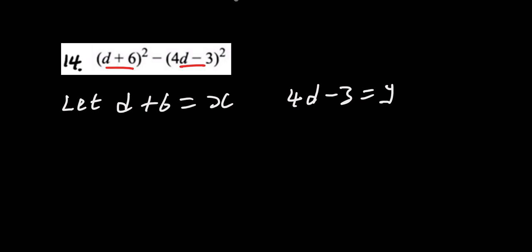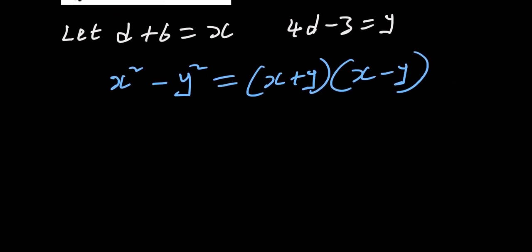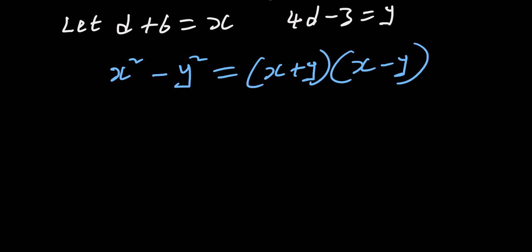And once that happens, then this will become x squared minus y squared, which is equal to difference of squares, (x plus y)(x minus y). So now let's bring in the values of x and y. Look at the value of x here.